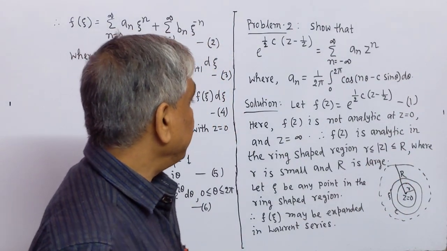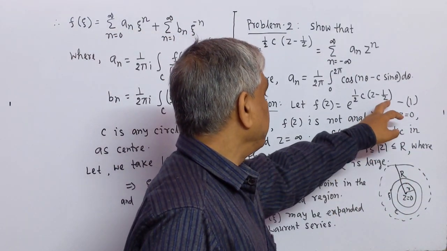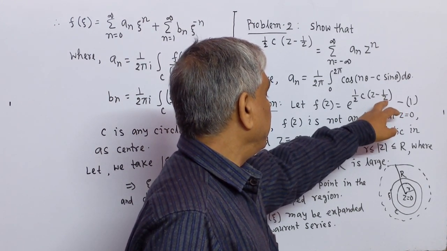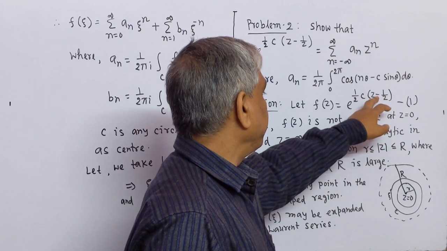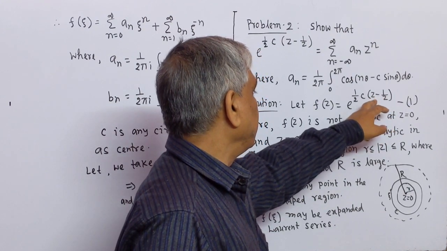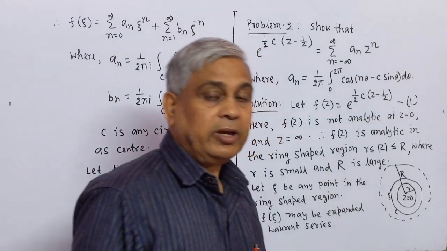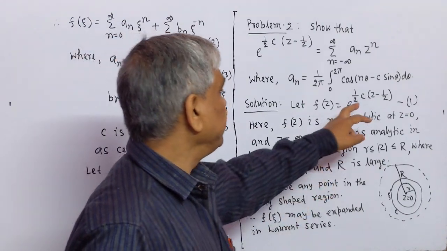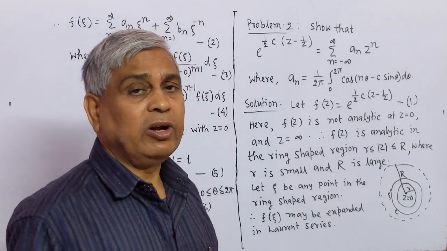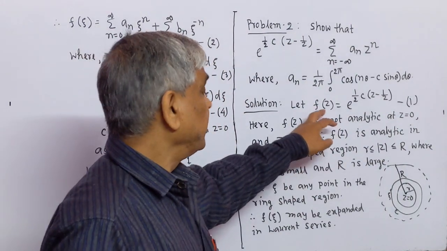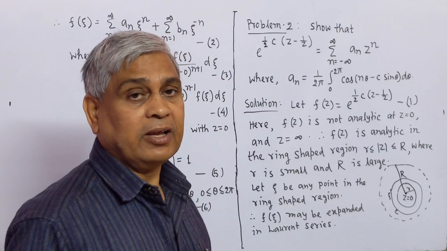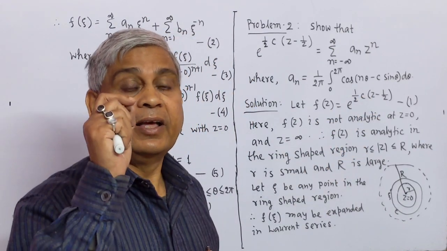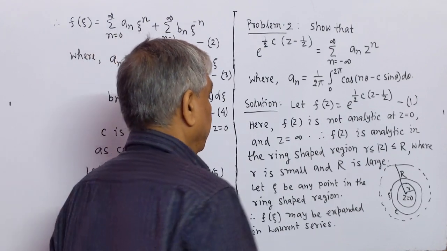Here it is clear that if we put z equal to 0, this will not be defined, and if we put z equal to infinity, this will not be defined. Therefore, at z equal to 0 and z equal to infinity, this function is not analytic. Therefore, function of z is analytic in the ring shaped region.